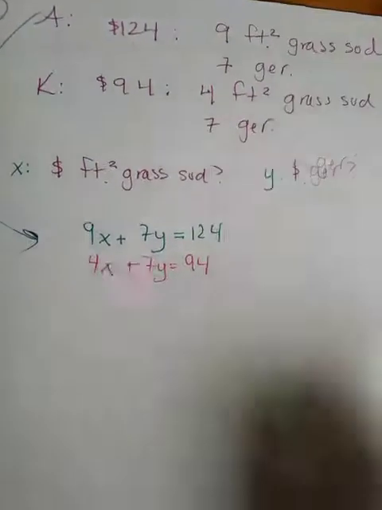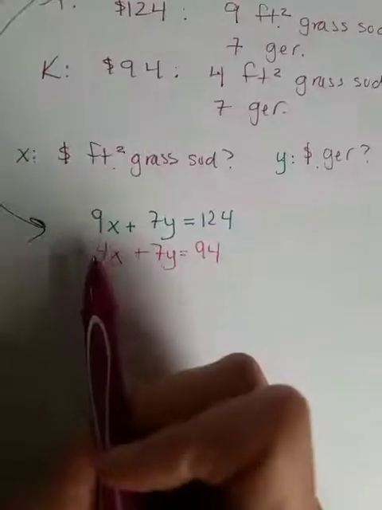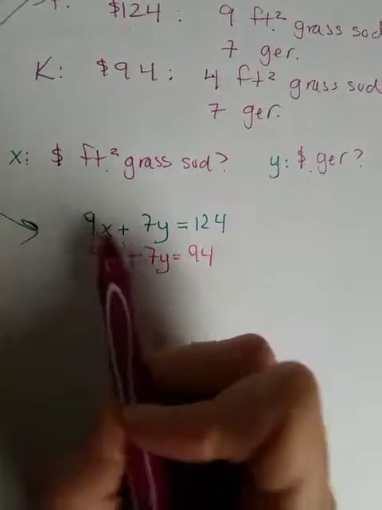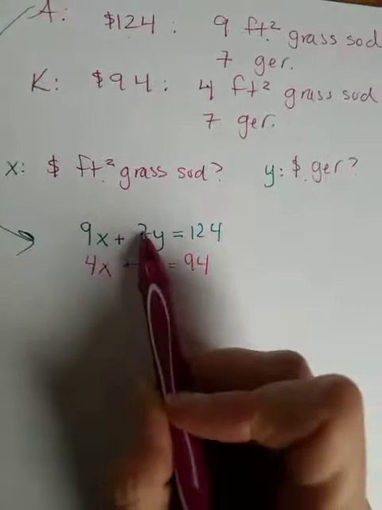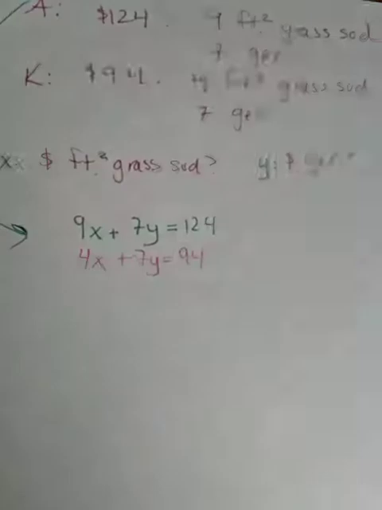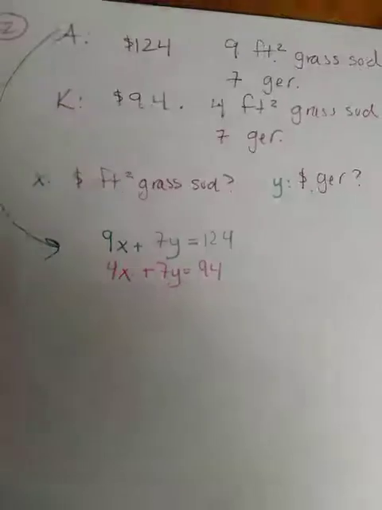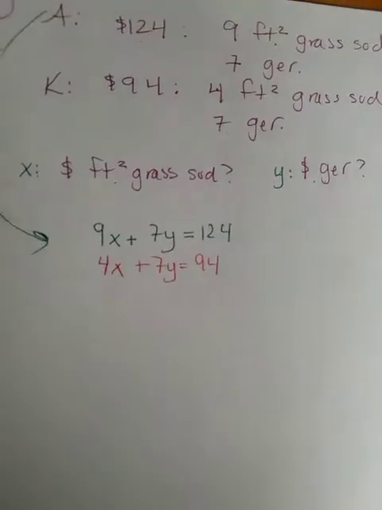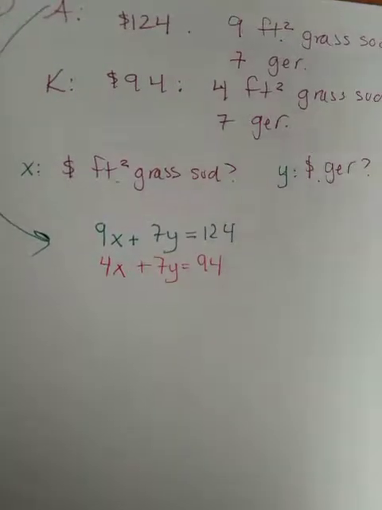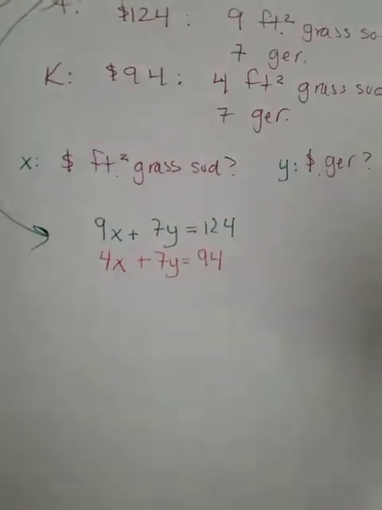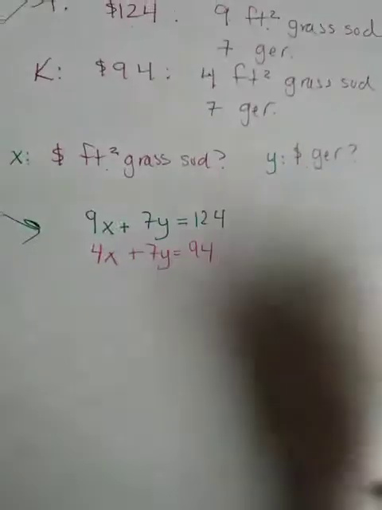You have your system. Again, you can't multiply 4 by any whole number to get 9. Oh, hey, but look, oh my gosh, this one's nice. You have 7 and 7. So remember, for the variables to cancel out, they have to be the same number but opposites. So one has to be positive and one has to be negative. So in this case, you can pick either equation and multiply it by -1.